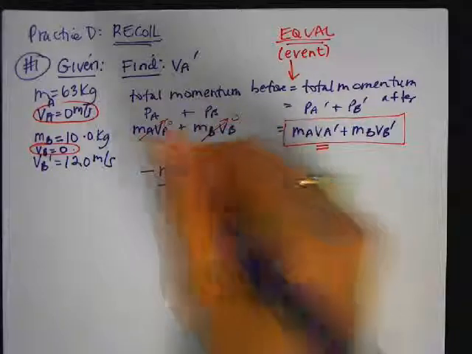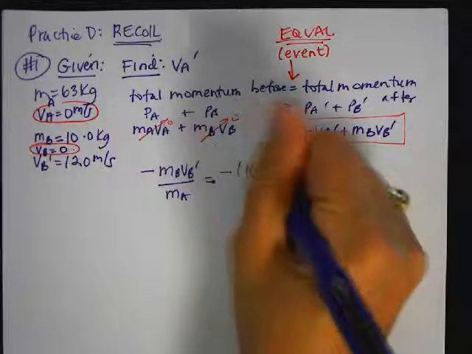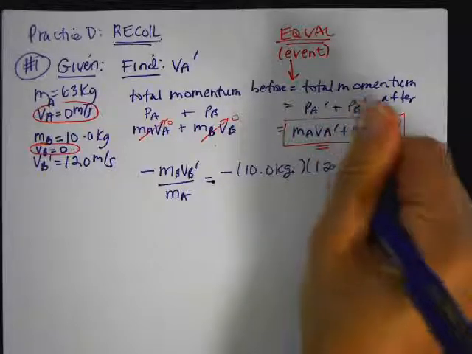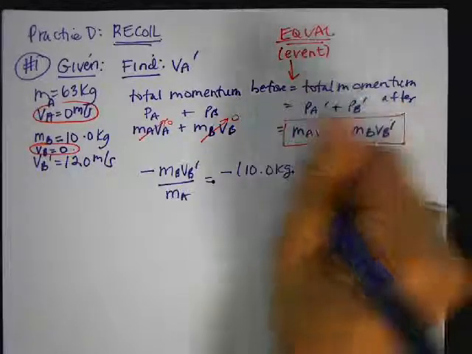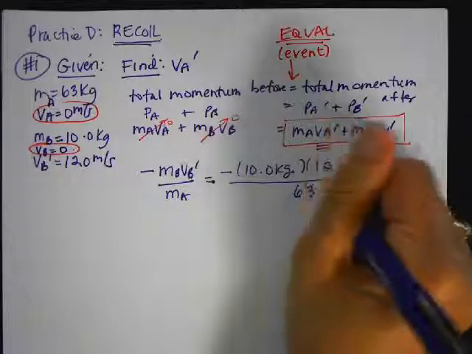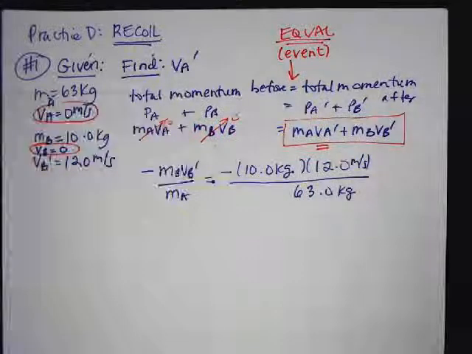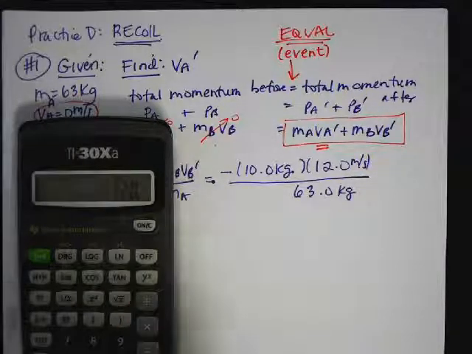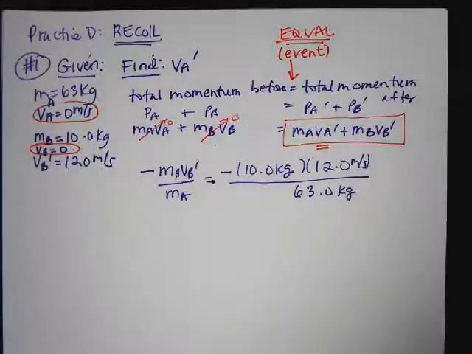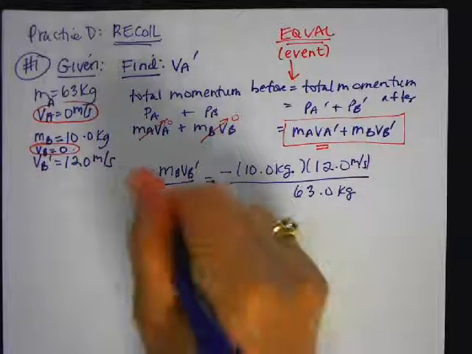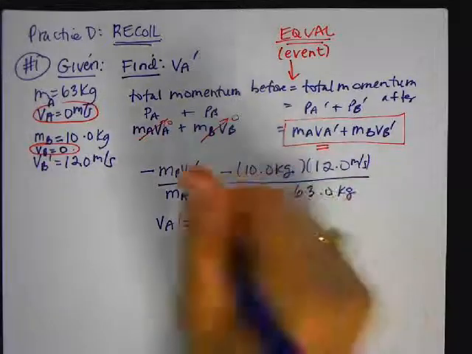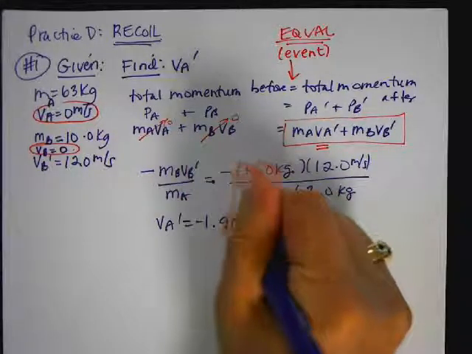It's going to be negative 10 kilograms times 12 meters per second divided by 63 kilograms. So now when I do this on my calculator, 10 times 12 divided by 63 comes out to be negative 1.90 meters per second.